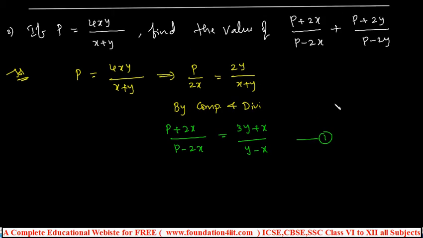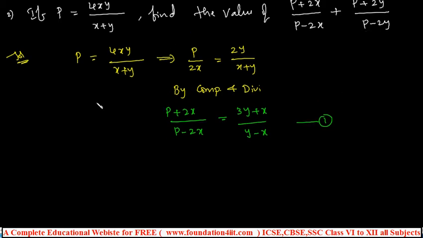Okay, now the next one is p plus 2y by p minus 2y. So what should we take? Same, p is equal to 4xy by x plus y. From this, p by 2y you take. Actually 4xy is 2x into 2y. So 2y if you take, one more 2x by the same x plus y.